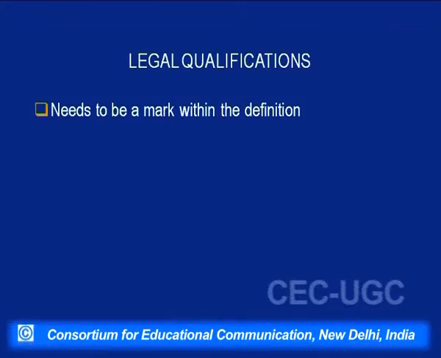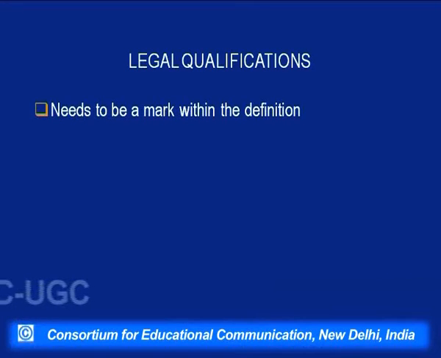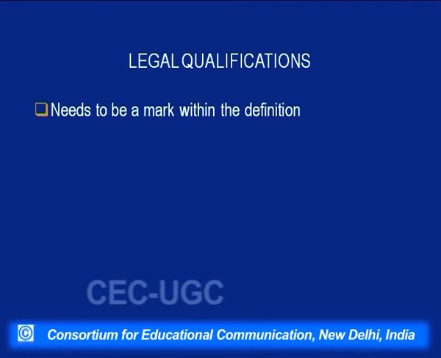Well, friends, we have now come to the next point, as to what the legal qualifications should be for obtaining a trademark. First of all, it needs to be a mark within the definition of the mark. I am summarizing what I have stated in the last 20 or 30 minutes.